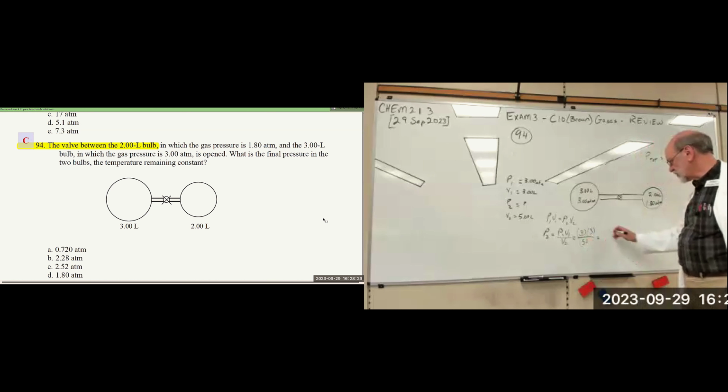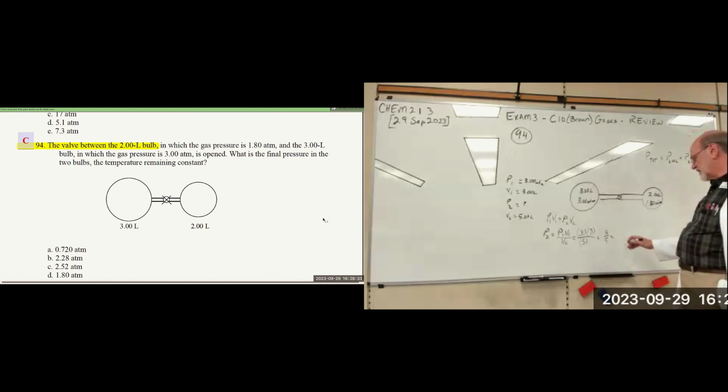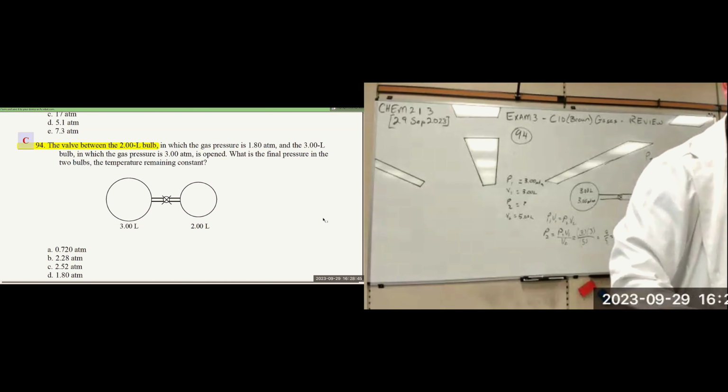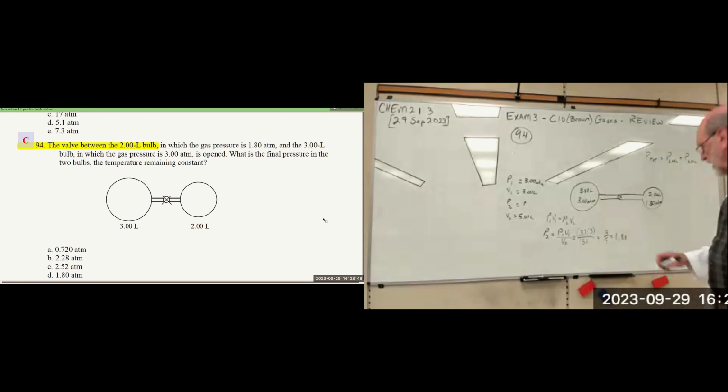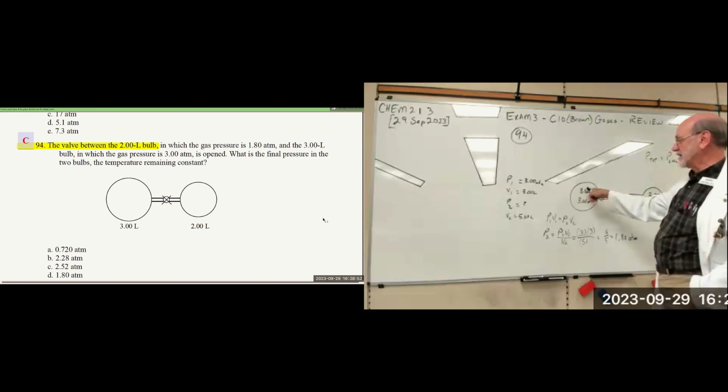So 9/5, whatever that is. 1.80, right? Is that right? What's 9/5? Yeah, 1.80 atmospheres from this side.